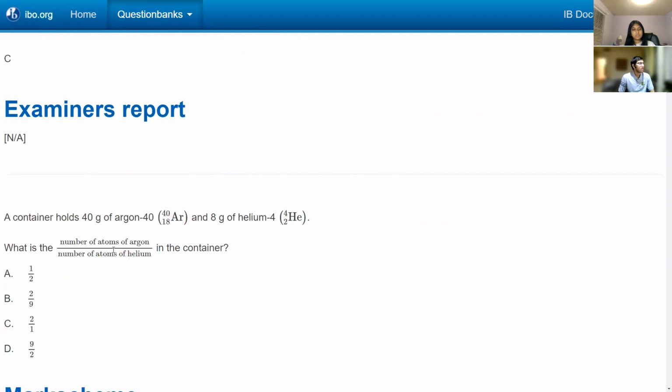Okay. A container holds 40 grams of argon-40 and 8 grams of helium-4. What's the ratio of the number of atoms of argon to the number of atoms of helium? Wait, I'm a little confused too. What's the molar mass of argon-40? That has 40 grams per mole, right?